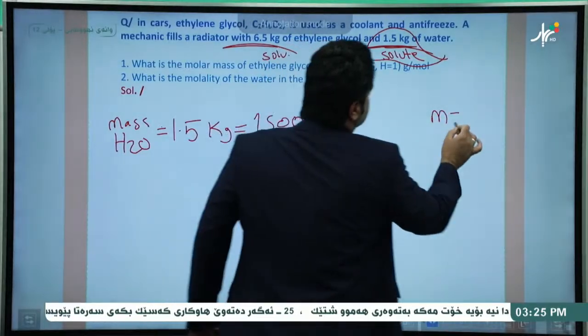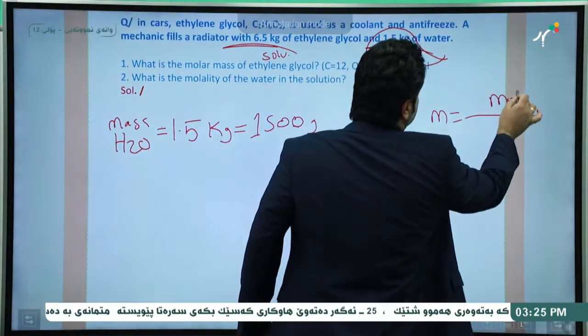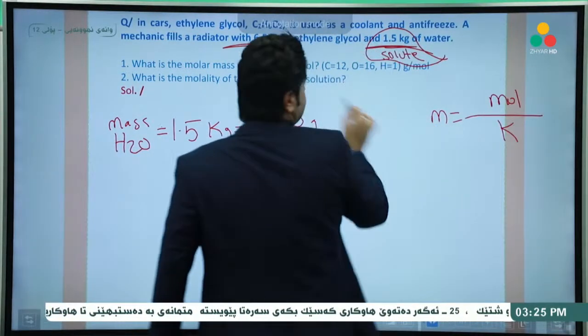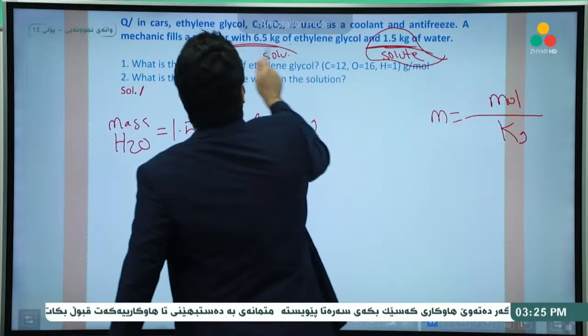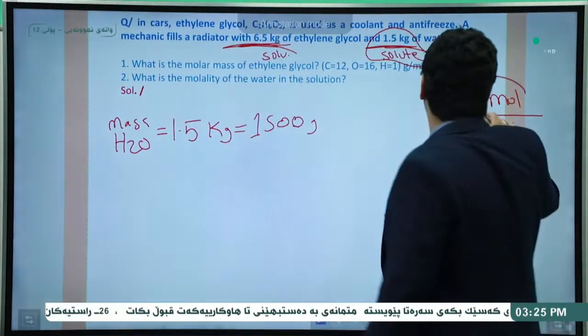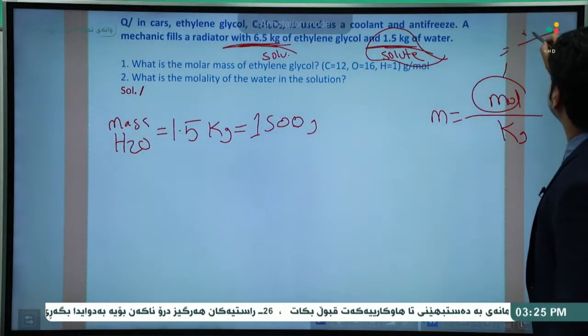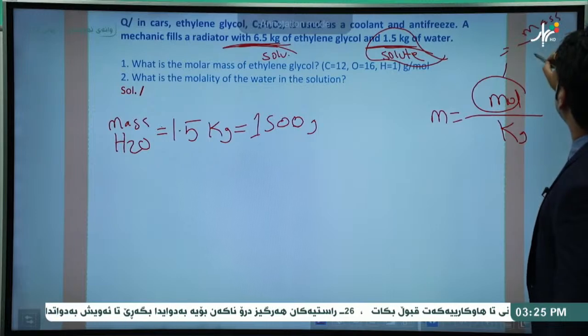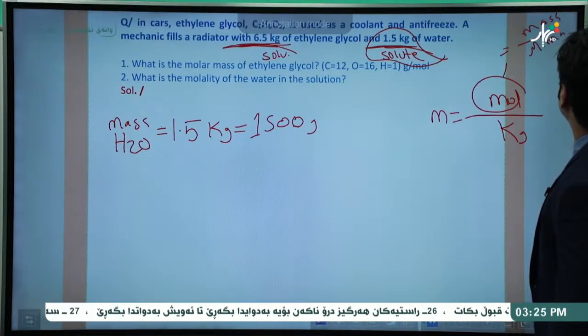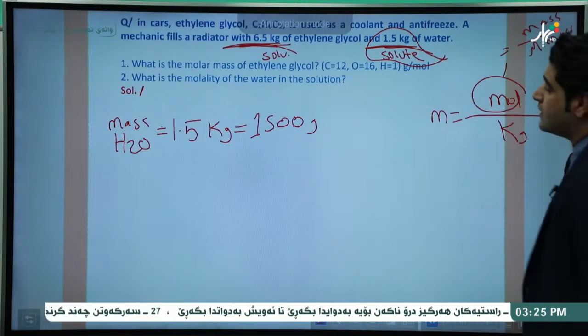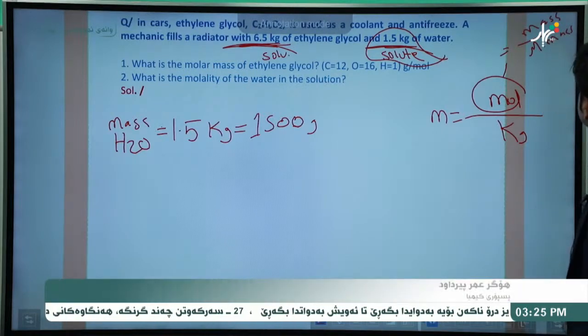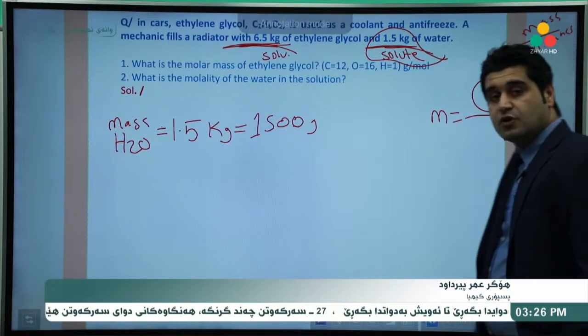Then, how can we find out the molality? Molality is equal to mole per kilogram. We have a kilogram of solvent, but we don't have number of moles. It's very easy. Mole is equal to mass over molar mass. We have a mass, 1,500 grams, but how can we calculate molar mass?